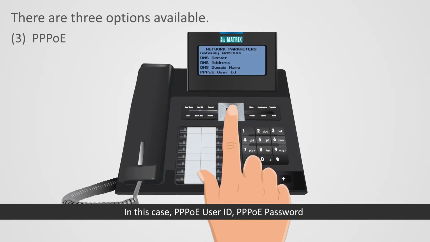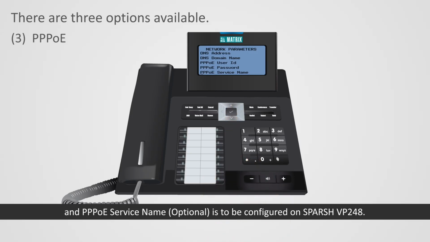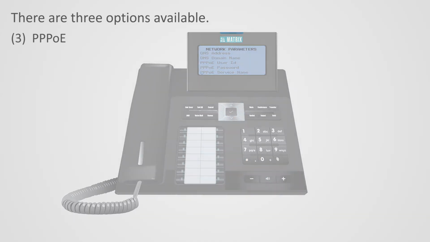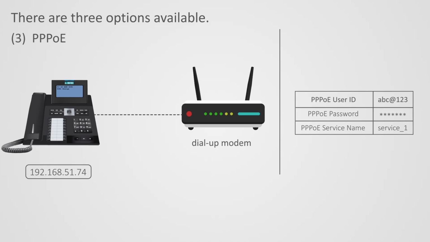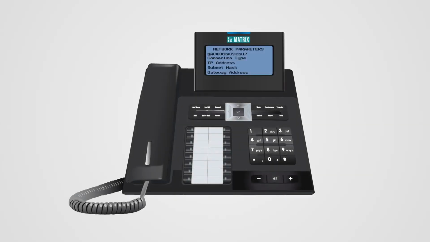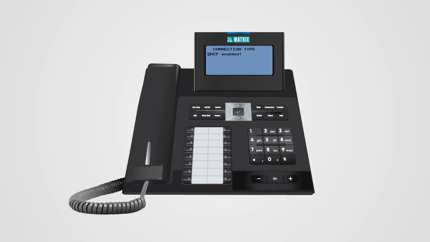In this case, PPPoE user ID, PPPoE password and PPPoE service name, that is optional, is to be configured on SPARSH VP248. PPPoE server will allot IP address to SPARSH VP248 after receiving the dial-up request from the phone. We will select DHCP in this case.